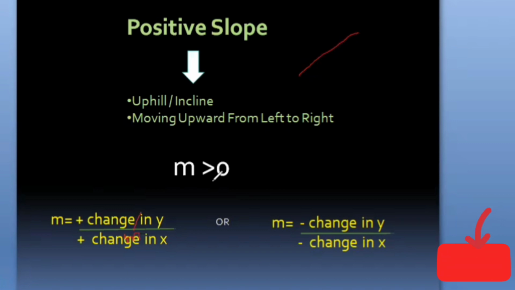And the slope for positive is always more than zero. As you know, we can explain the slope by the change in y value and the change in x value. So here, if our change in y value and change in x value are both positive or both negative, the slope we get is always positive.